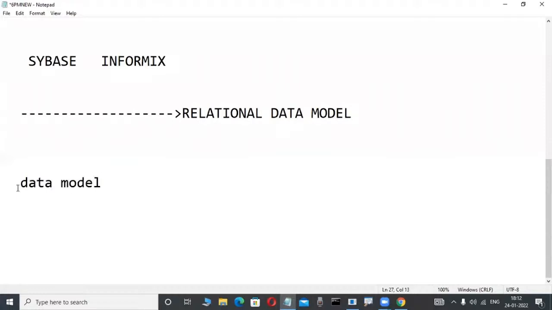Slowly observe here. For anybody who attended the previous class, I am telling one thing. Suppose Oracle is the product. This Oracle database, or any relational database, has two types of structures, as I said in previous classes.